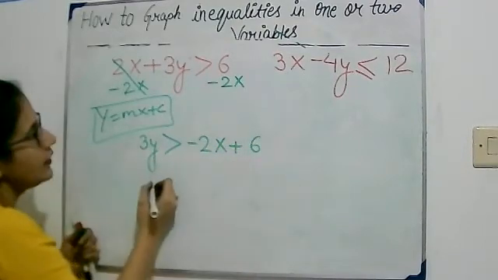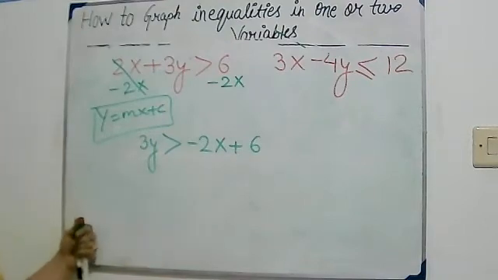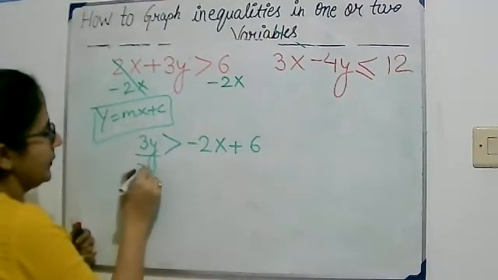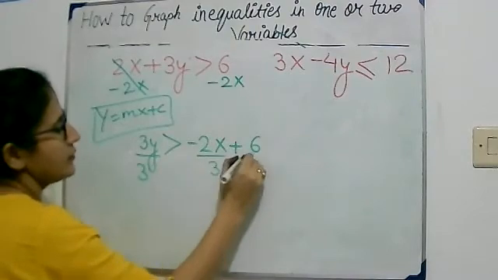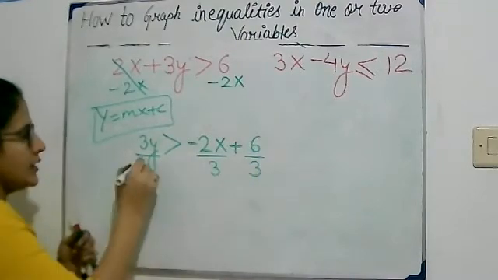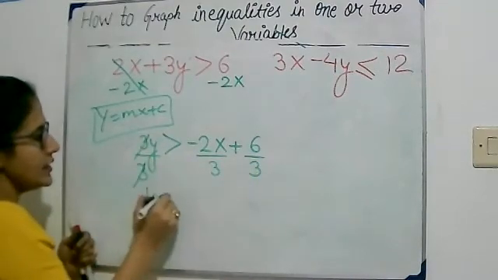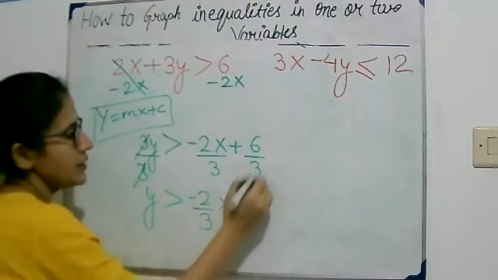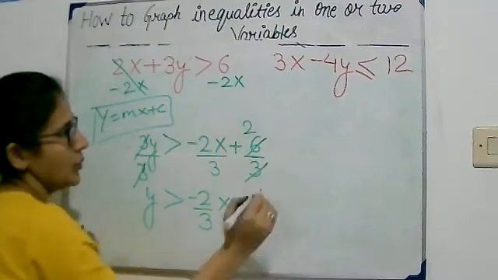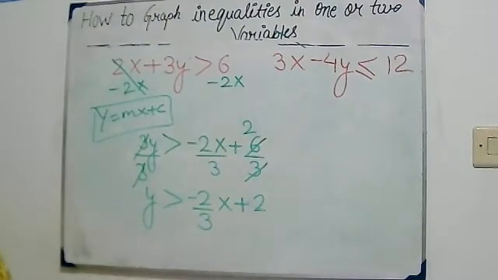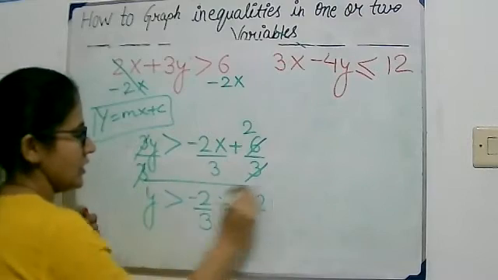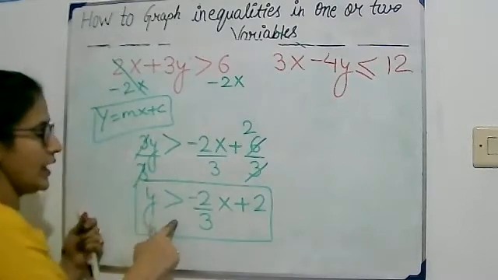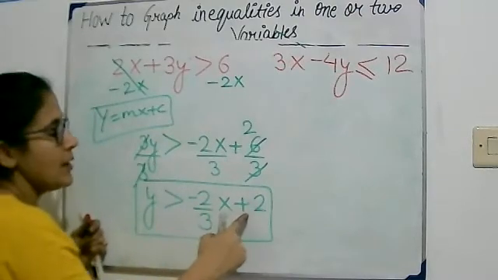Divide both sides by 3. This 3 cancels. Y is greater than minus 2 by 3 x plus 2.